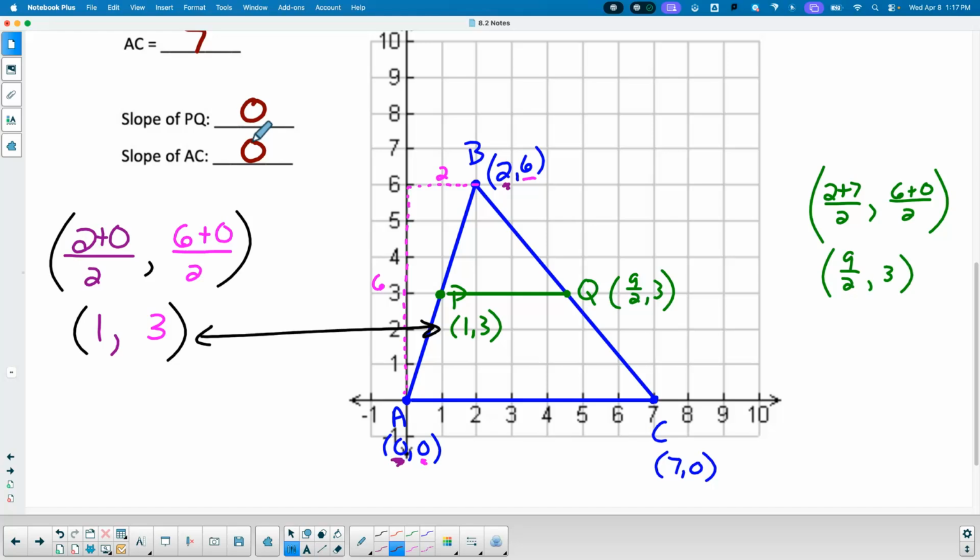So the side that it doesn't touch, it's parallel to. Okay? And half the length. That works in any triangle. That mid-segment is parallel to the third side and half the third side length.